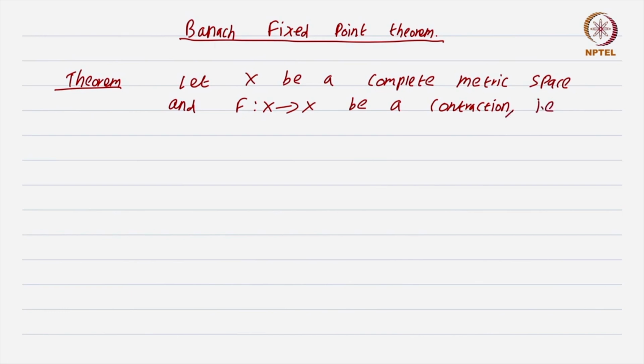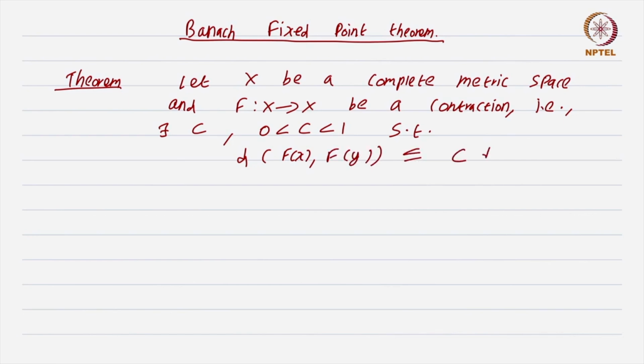This just means that there exists a constant c, 0 less than c less than 1, such that d of f of x comma f of y is less than or equal to c times the distance of x to y.